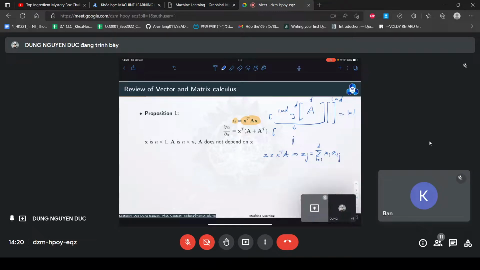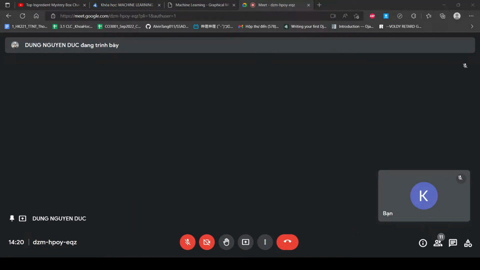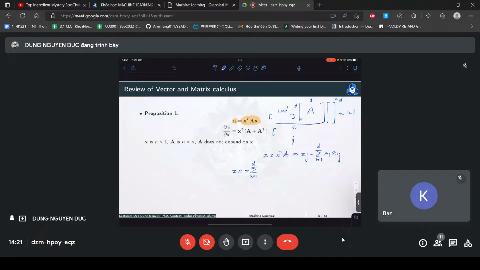Then z multiplied with x gives you a value which is the sum over k from 1 to d of z_k multiplied with x_k.